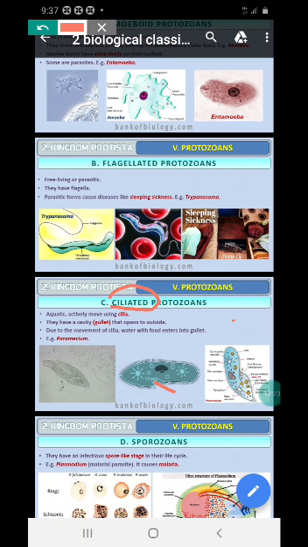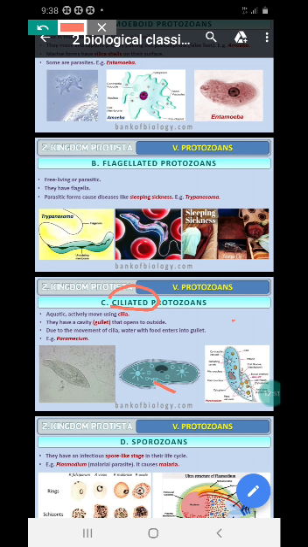Clear? Next comes the sporozoans. What is the sporozoans, children? Here there is no organ for movement. It is named because of the presence of spore-like forms or spore-like stage in their life cycle.